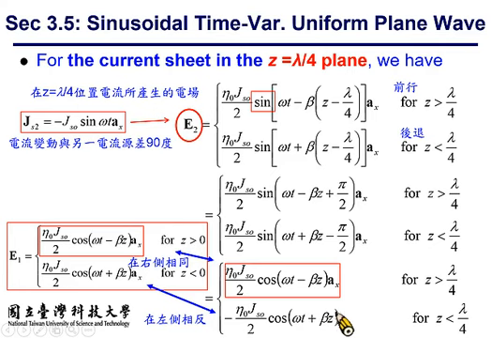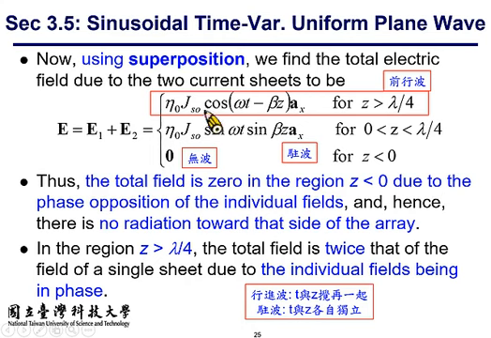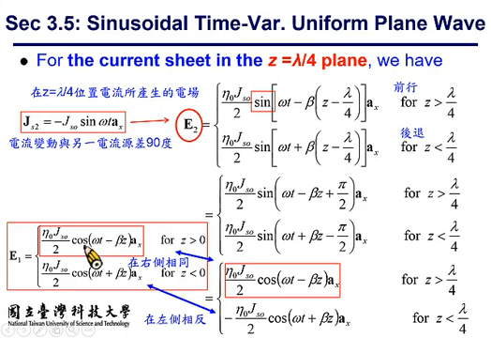All right, so the next thing to do, as the blackboard suggests, is to add up the corresponding components in the corresponding region. So we see for z greater than lambda over 4, you are adding this term with this term. Do you see any difference between the two terms?